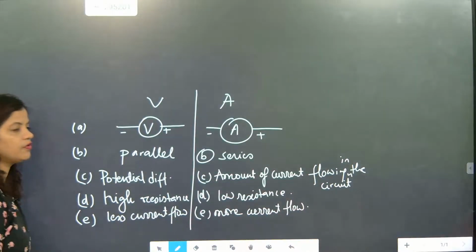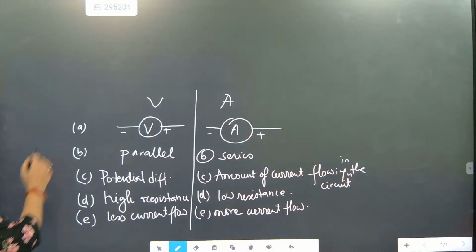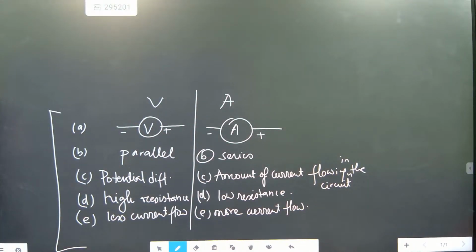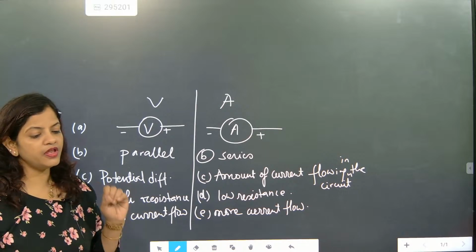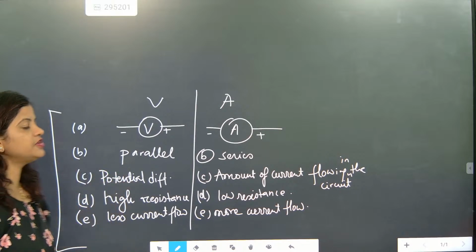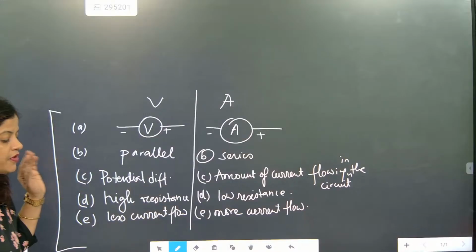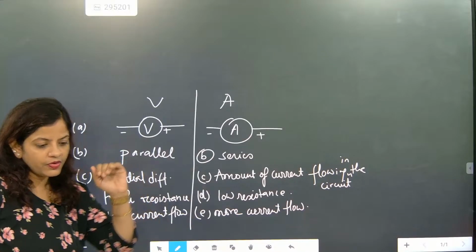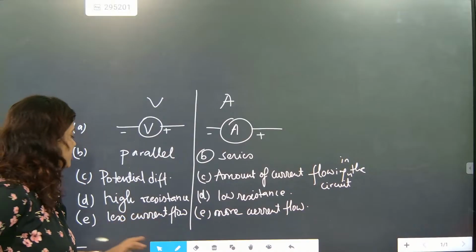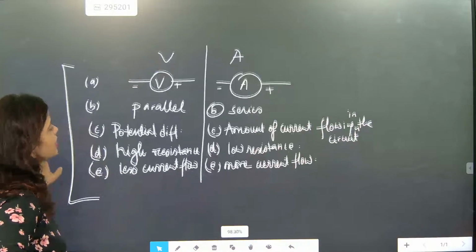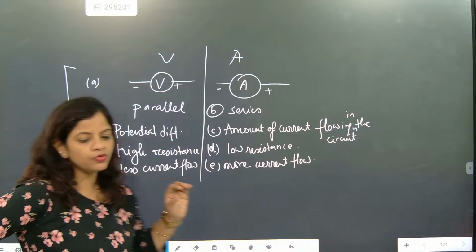More current can flow. So easily we can write out the four differences. That's the most important thing. In a very shortcut, very simple way, we can differentiate in the board examination. When I start the training sessions, at that time I will tell you how to write less and how to bring more.